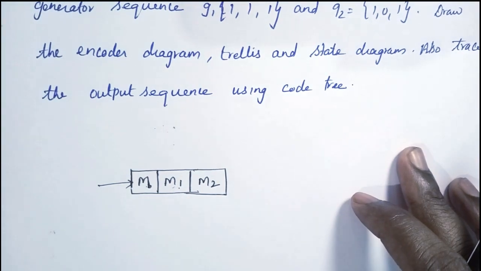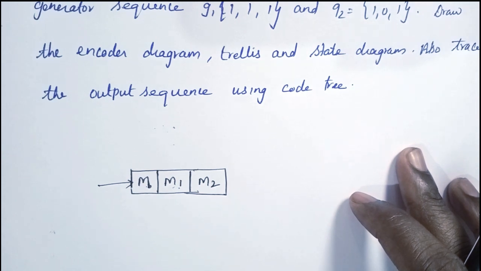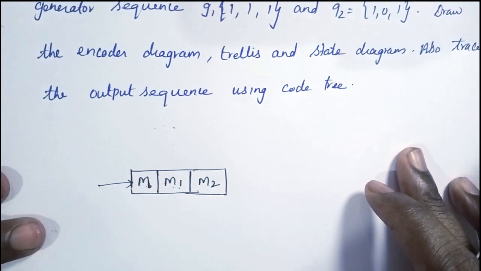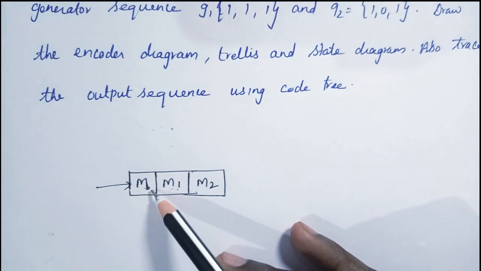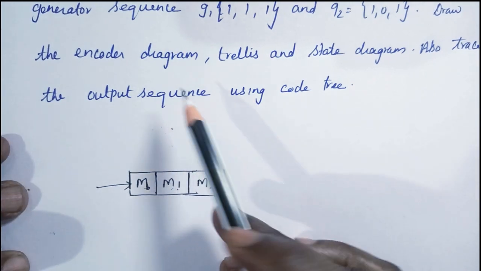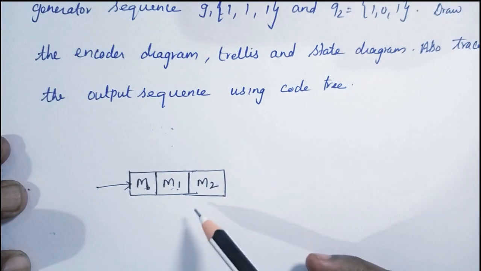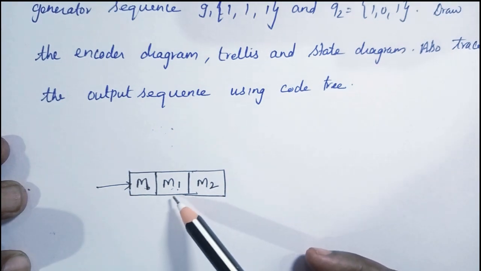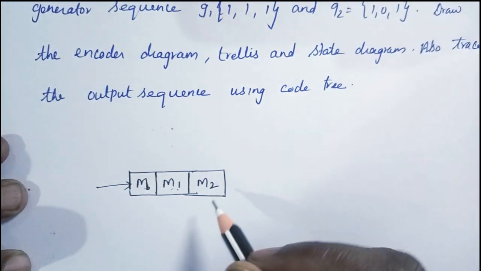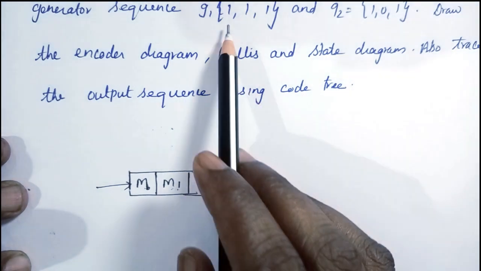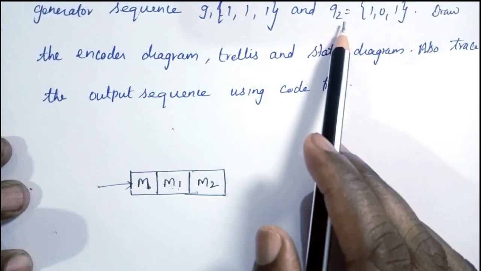This m1 and m2 is used to represent the states of the shift registers. As I told you, the encoder diagram consists of shift registers and a logical circuit, and the logical circuit is defined by the G1 and G2 vectors.